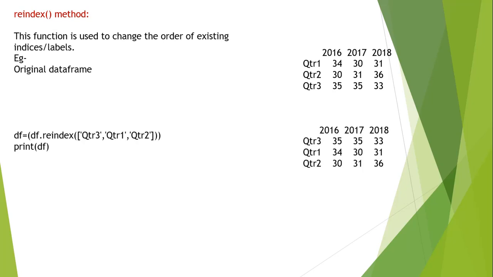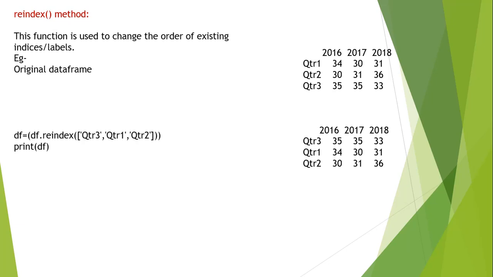You can see the column names are still the same, 2016, 2017 and 2018, but the row indexes here are qtr3, qtr1 and qtr2.